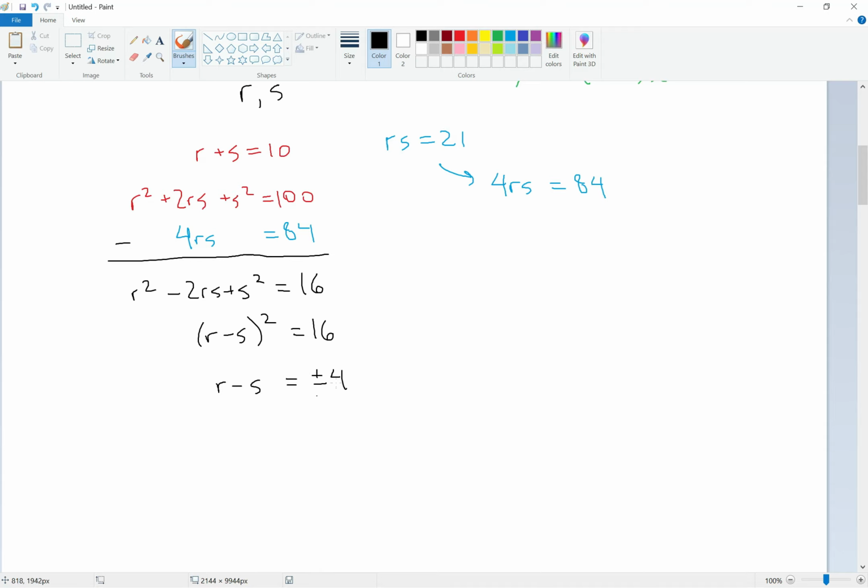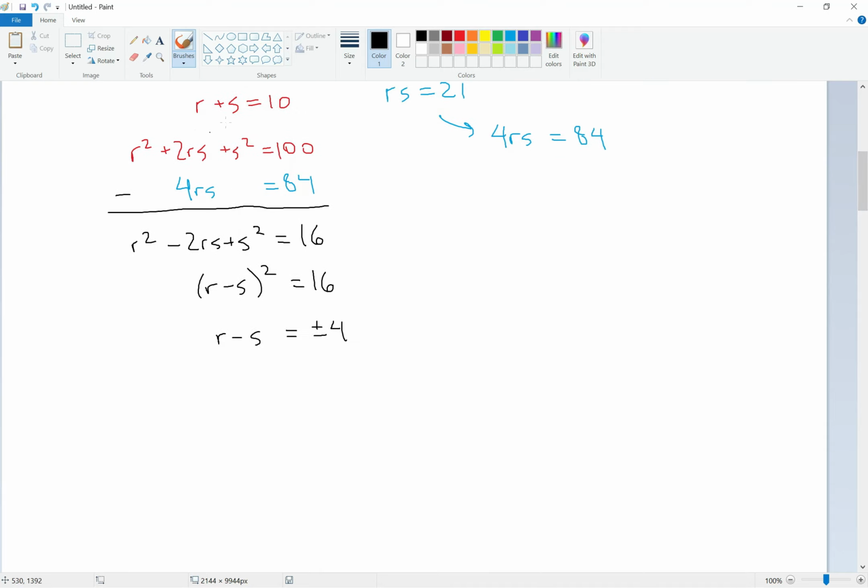And so now we get two equations. We have r plus s equals 10, and r minus s equals plus or minus 4. And now that we have these two equations, we have a system of two linear equations, and we can use these to find r and s on their own.